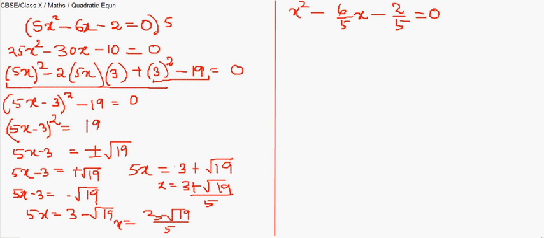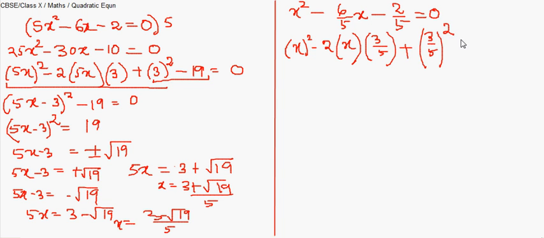Now this x square is the square of x, so it is x square minus 2ab, b should be then 3 by 5, plus 3 by 5 whole square. To get this resultant minus 2 by 5, I have to subtract 19 by 25 from it, thereby making this whole thing x minus 3 by 5 whole square.